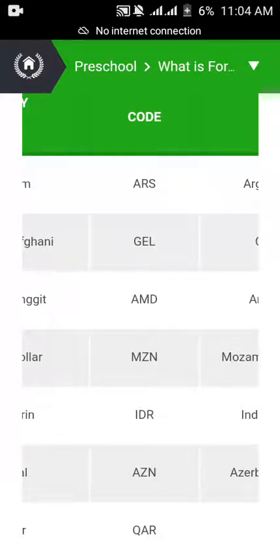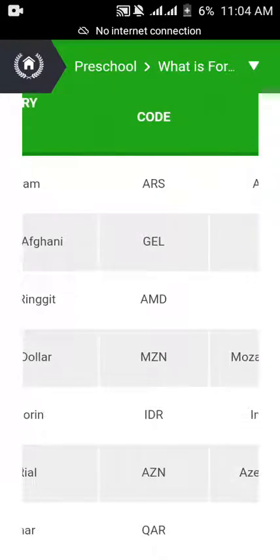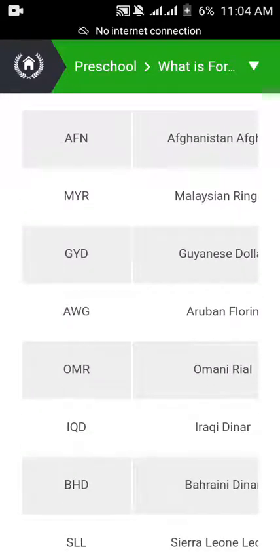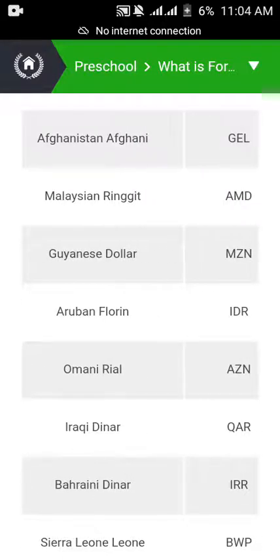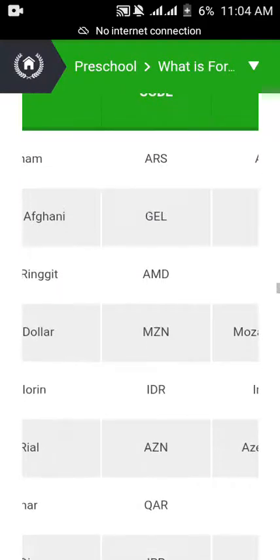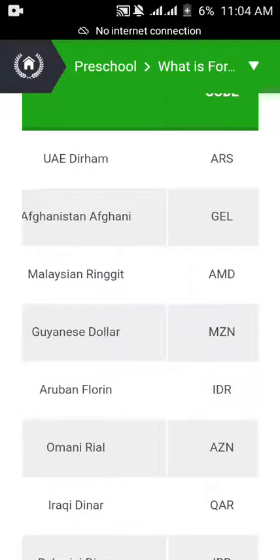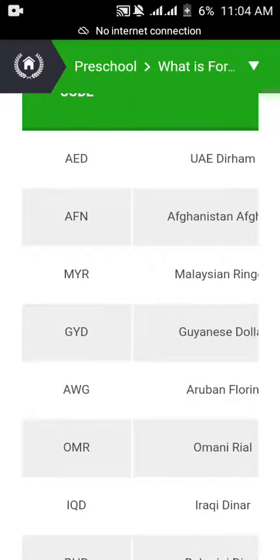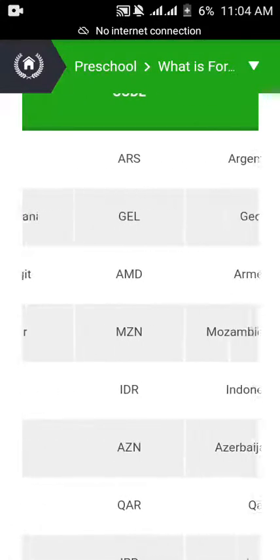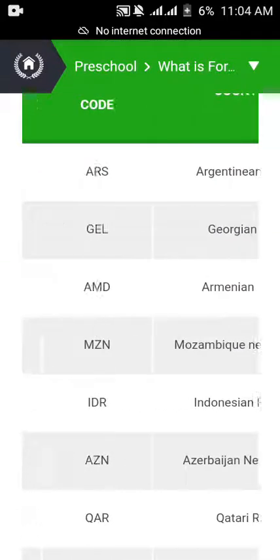The code is GEL, Georgian Lari. Then the next one is MYR, Malaysian Ringgit. The currency code is AMD, and the country is Armenian Dram.